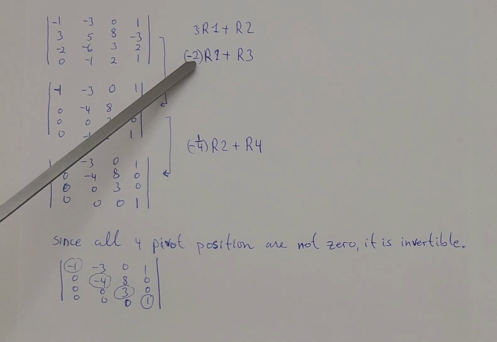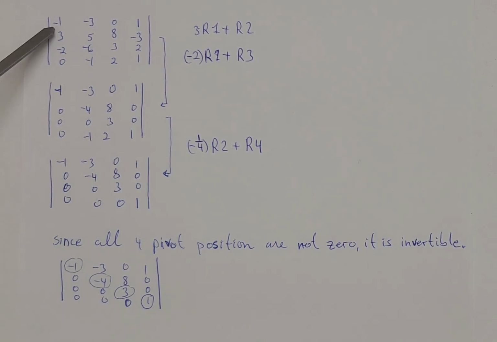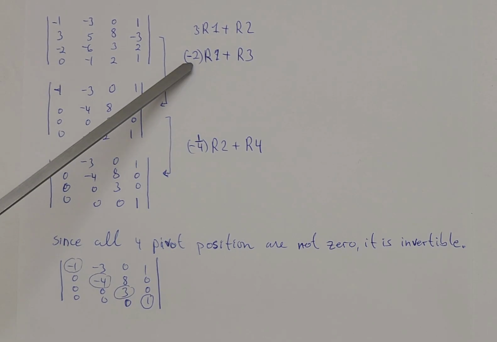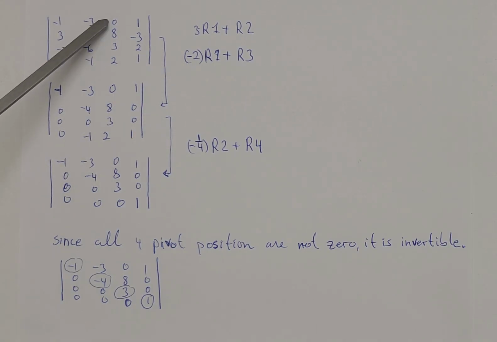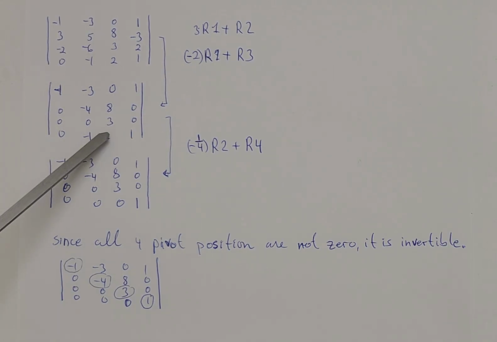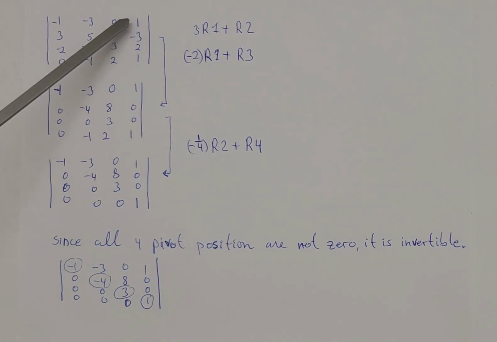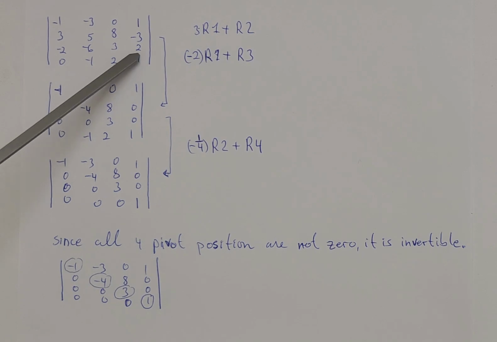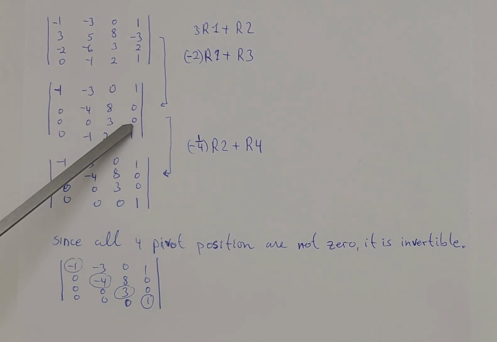So -2 times -1 will be +2. 2 subtract 2 gives me 0. -2 times -3 gives me +6. 6 subtract 6 gives me 0. -2 times 0 is 0, plus 3 stays as 3. -2 times 1 is -2, plus 2 gives me this 0.